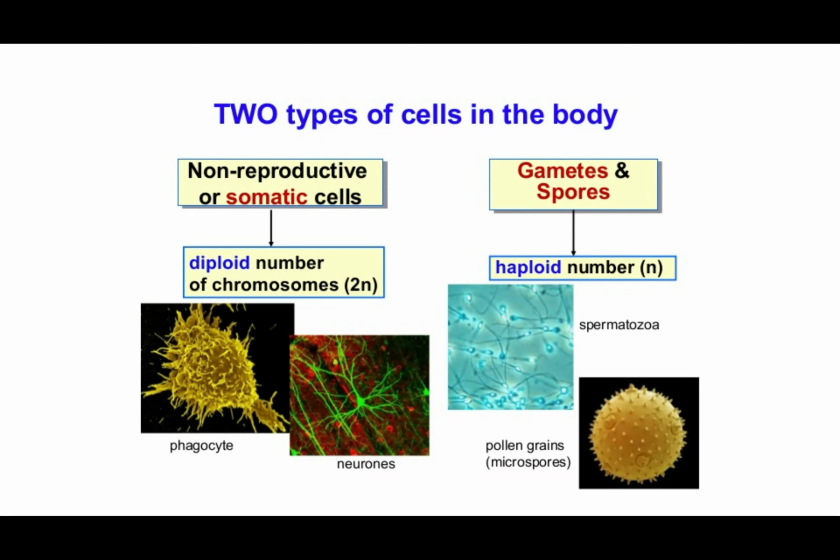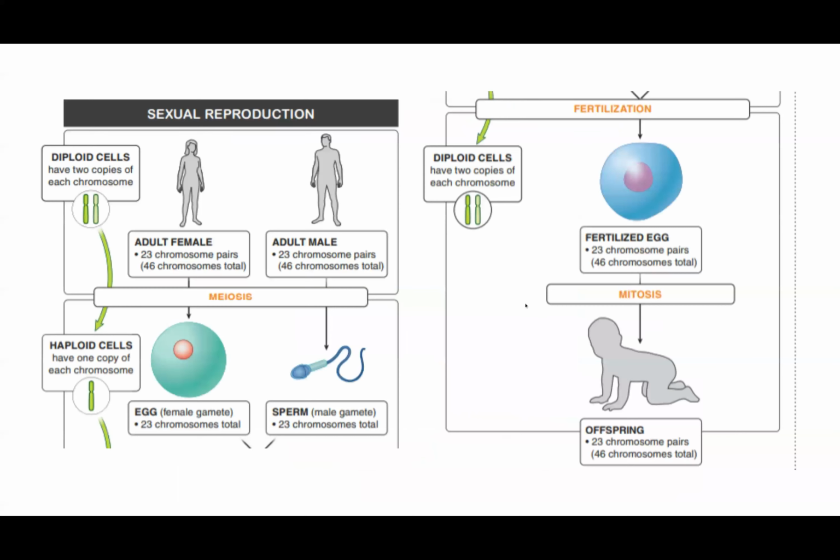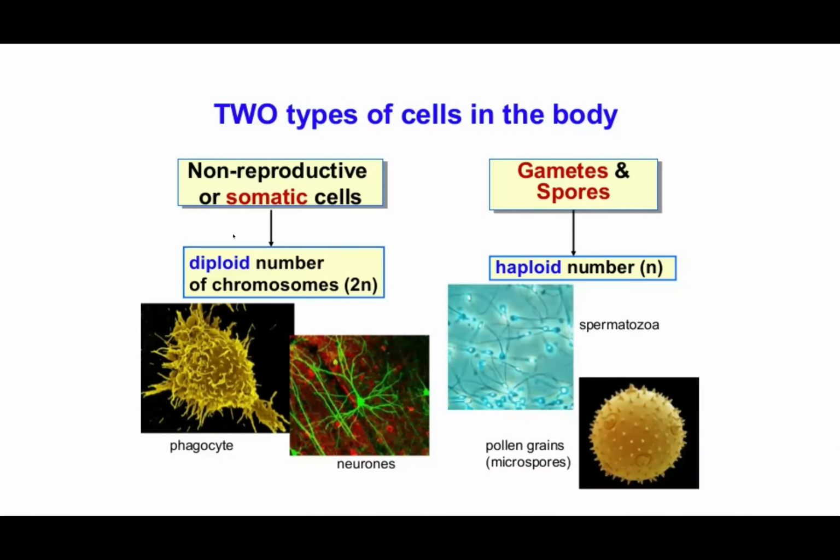We've been talking about how you have 2 copies of every chromosome. That's true. All your somatic cells have 2 copies of every chromosome, so they are what are called diploid cells. However, your gametes, or if you're a plant or a fungus, your spores, are haploid, meaning you only have 1 copy of each chromosome. These are the 2 distinct types, but they are linked together.